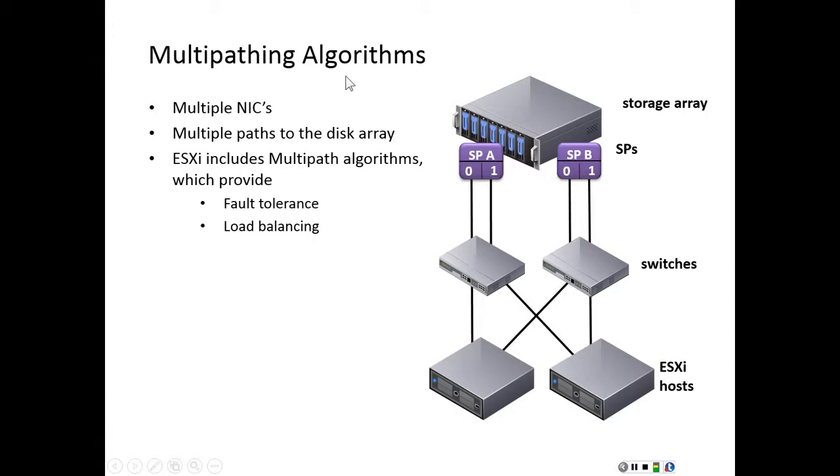Multipathing algorithms are used when you have multiple network interface cards in the disk array and in the ESXi host, and that gives us multiple paths to the disk array. ESXi includes multipathing algorithms which provide fault tolerance and load balancing.